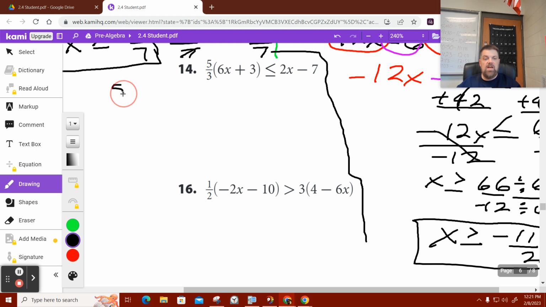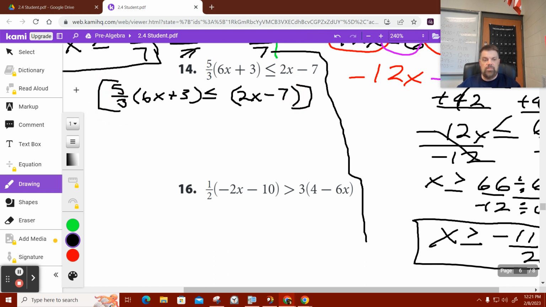So, if I have 5/3, I'm going to rewrite this because I'm going to need the space, times the quantity 6x plus 3 is less than or equal to 2x minus 7. Let's put this in parentheses. To get rid of this 3 in the denominator, I need to multiply the whole inequality by 3.